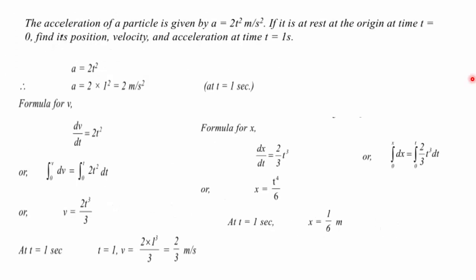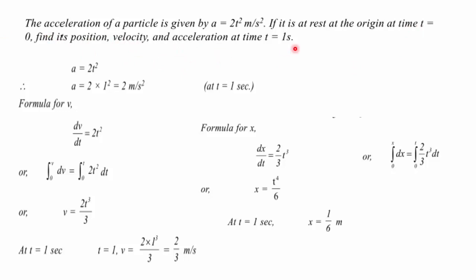We do another problem where the acceleration is a function of time, which is not constant, and it is given as acceleration equal to 2t square. Now they are asking you that if the particle is at rest at the origin at time t equal to 0, find its position, velocity and acceleration at time t equal to 1 second.